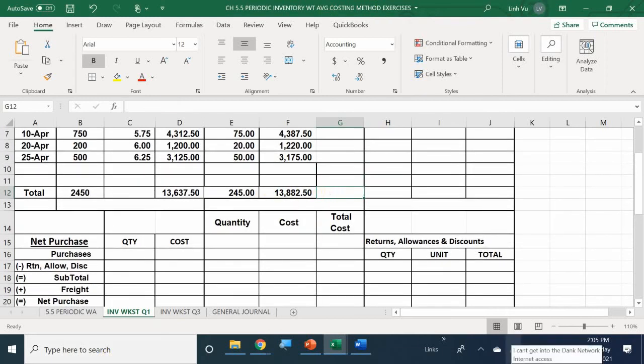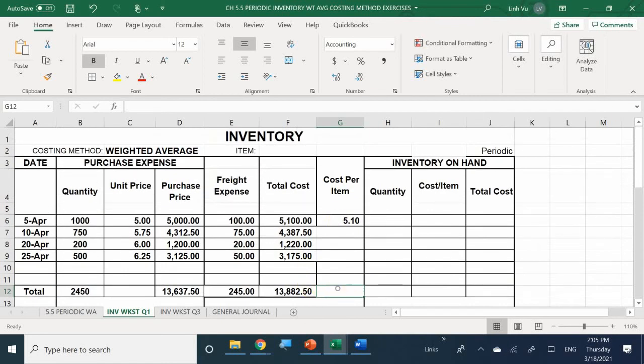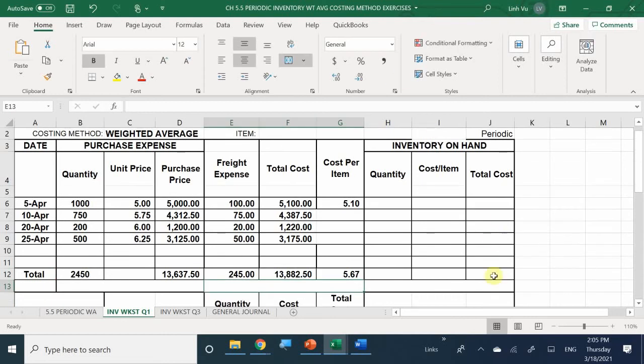So how do I solve for my average cost per item? Total cost divided by quantity. So total cost of 13,882.50 divided by my total quantity of 2,450, and what should I get? 5.66612245378.